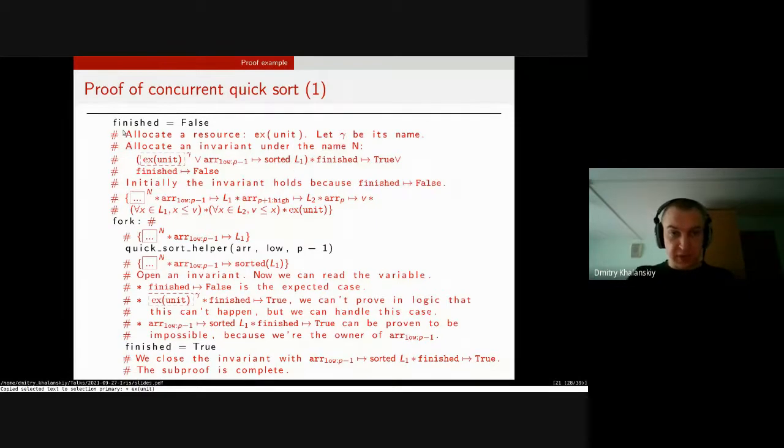So, as a first step, I allocate a new resource. I use the exclusive resource algebra, and I put a unit into it. This is a valid value, as any exclusive resource is valid.